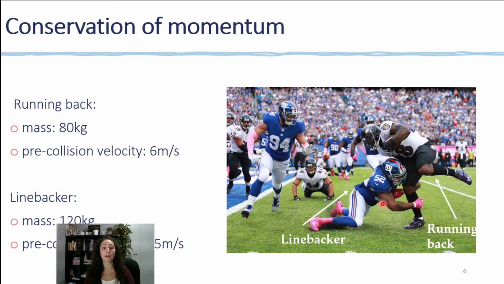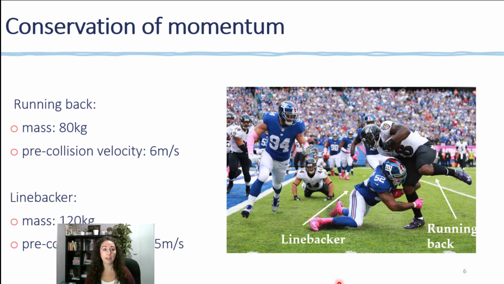And this linebacker has a velocity of 5 meters per second in the opposite direction. If the collision was perfectly inelastic, meaning that they collided and stuck together, would the running back be moving forward and score a touchdown just after the collision, or would the defense prevail?